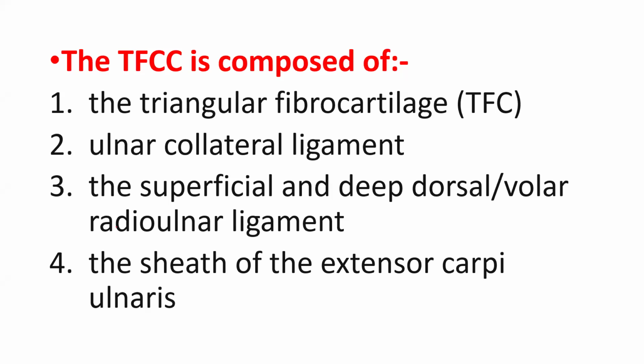So the triangular fibrocartilage complex is composed of the triangular fibrocartilage, ulnar collateral ligament, the superficial and deep dorsal and volar radio-ulnar ligaments, and the sheath of the extensor carpi ulnaris.